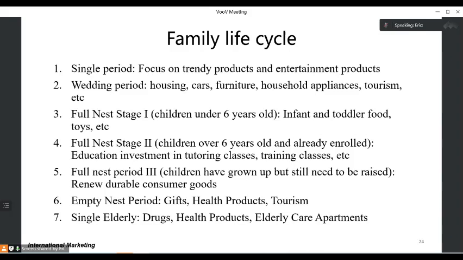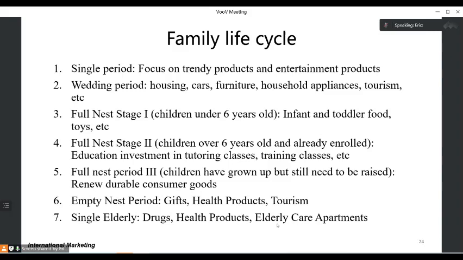About the full nest third, it is about renewing durable consumer goods. The empty nest period, and the single elderly, because you will lose your wife or husband. This one means that health is a very important thing, so health products.